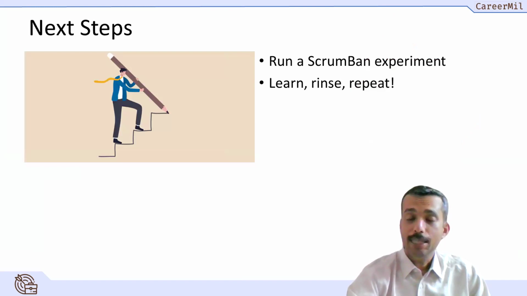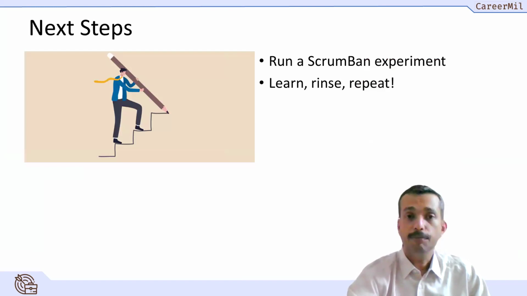Now, what would be your next step? What I would recommend to take forward from here is to run a ScrumBan experiment. Maybe start with just one team, not with the entire organization. Run with one team as ScrumBan and see what you are learning from that.